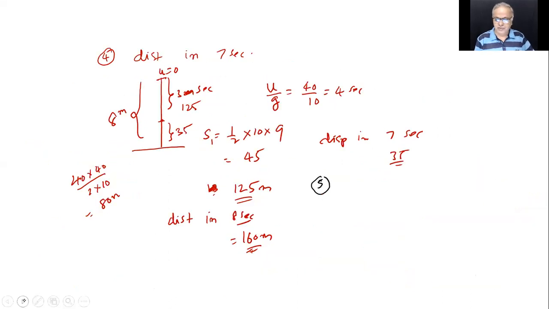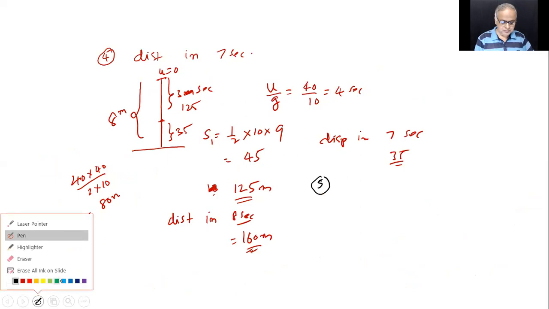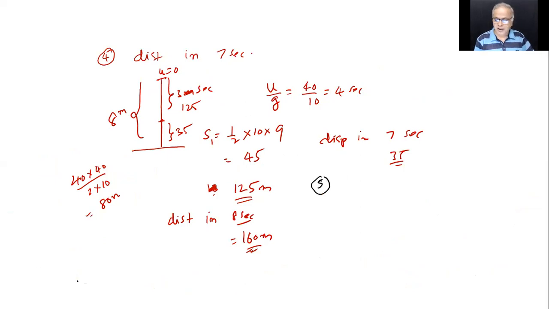Fifth one. Find the velocity of the body at half the maximum height from the ground.